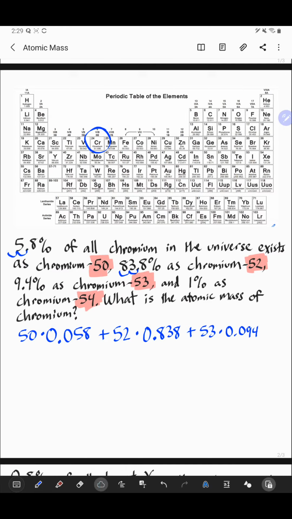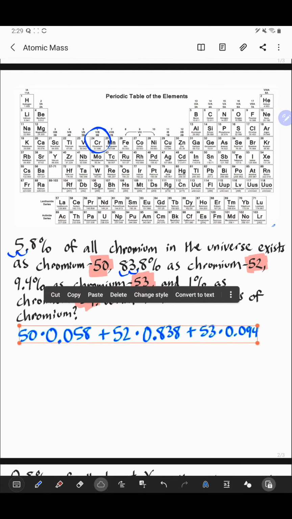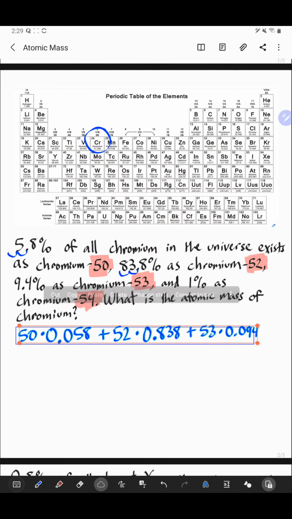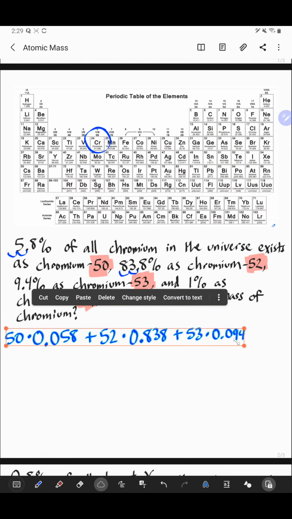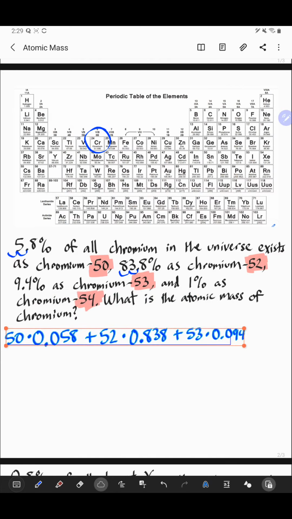I'm running out of room, so I'm going to move it over and make it a little bit smaller.